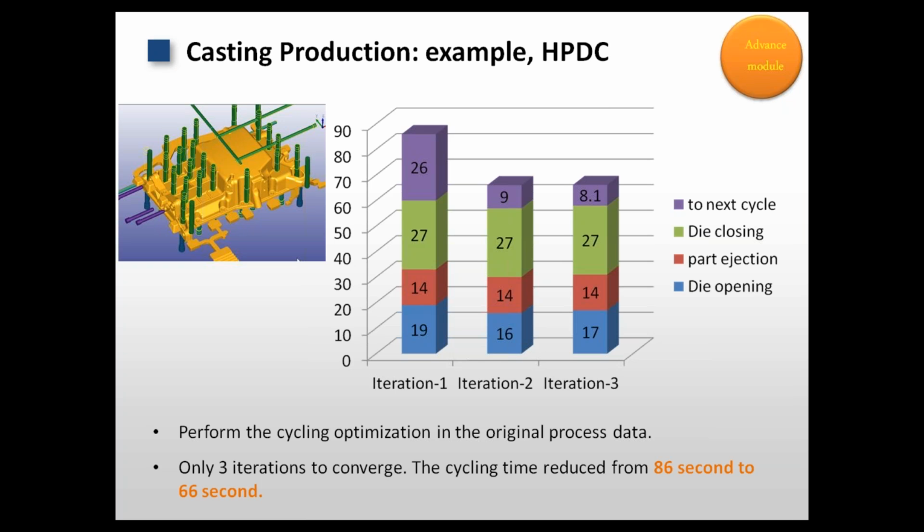In this case, the initial cycle time is about 86 seconds, and after iteration and iteration calculation in this module, we have saved about 20 seconds. That's amazing for manufacturing, because you can produce more products with the same quality in the same time.